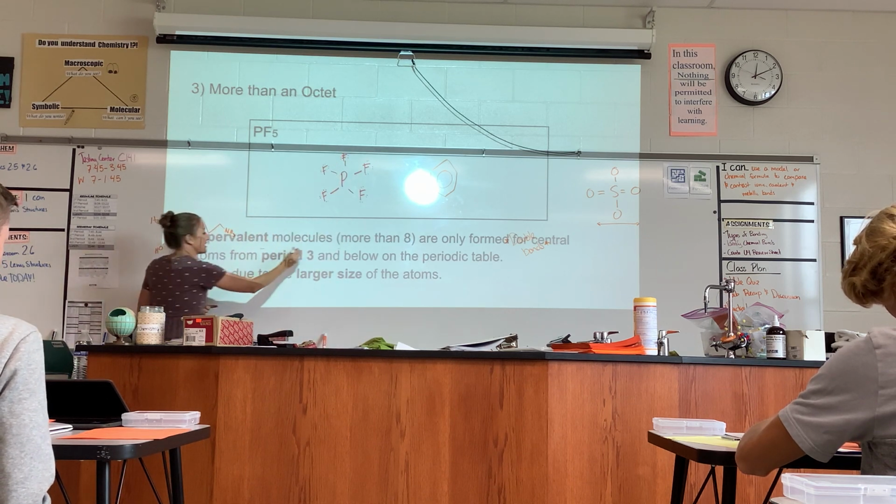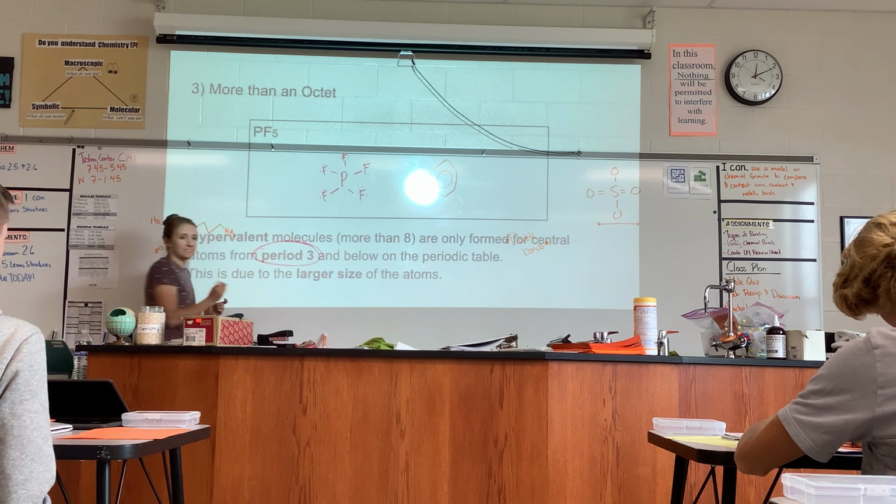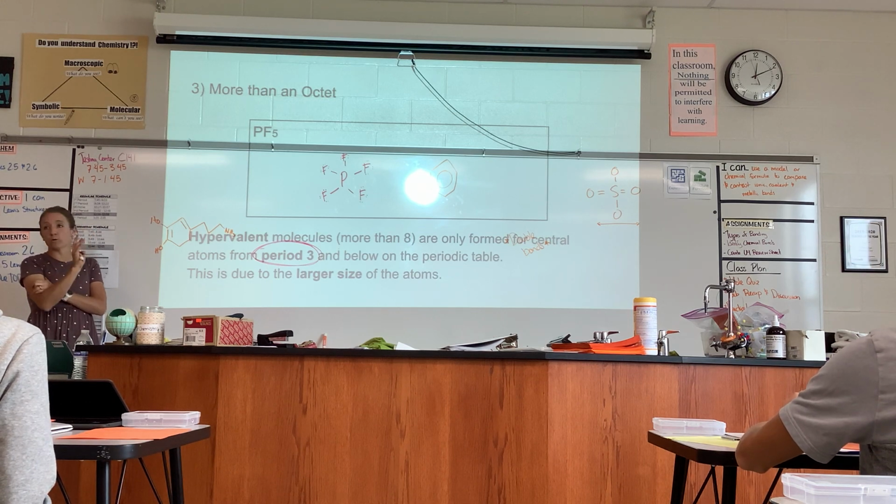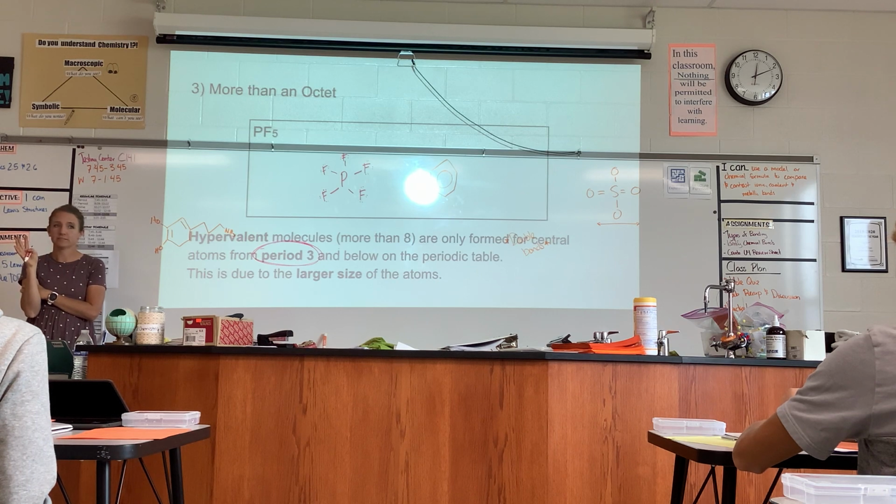But once again, like we mentioned, only if they have a third shell can they do this. So nitrogen, oxygen, fluorine can never ever do an expanded octet. It doesn't exist.